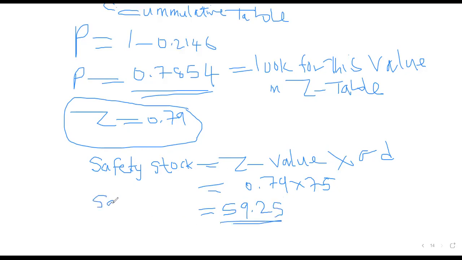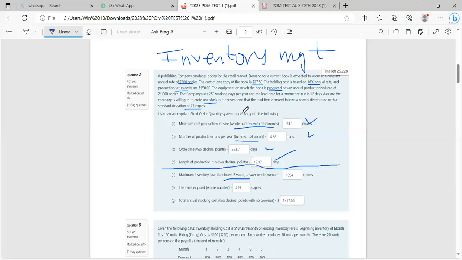So we are going to allow the probability of stock out, because they mentioned here: assume the company is willing to tolerate one stock out per year, meaning 1 out of the production runs they may not produce.